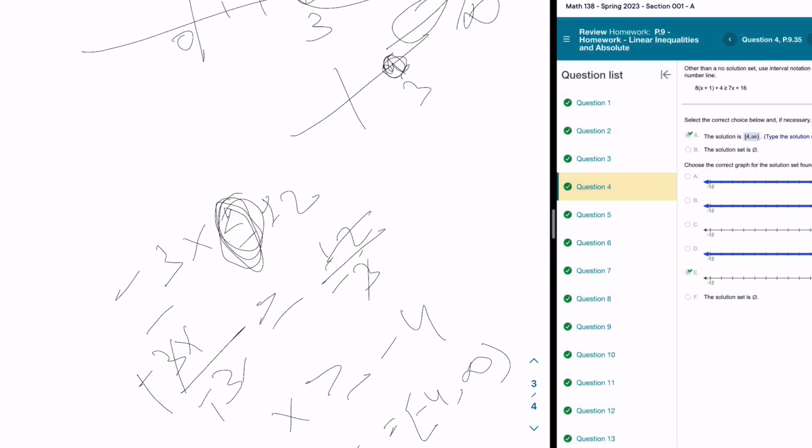Question number 4. It's the same thing, so I'm not going to solve this. Whenever you have this sign, you will use this bracket. Whenever you have this sign or this sign, you will use a small bracket, big bracket, a small bracket. That's it.